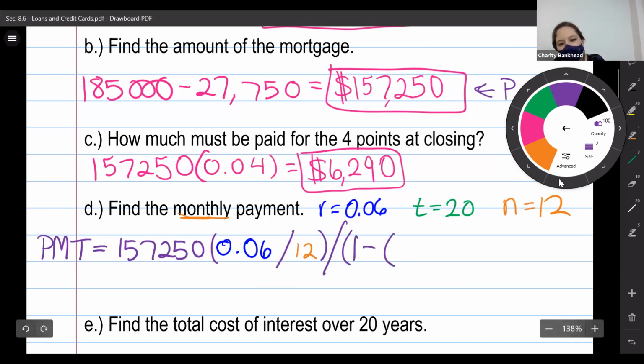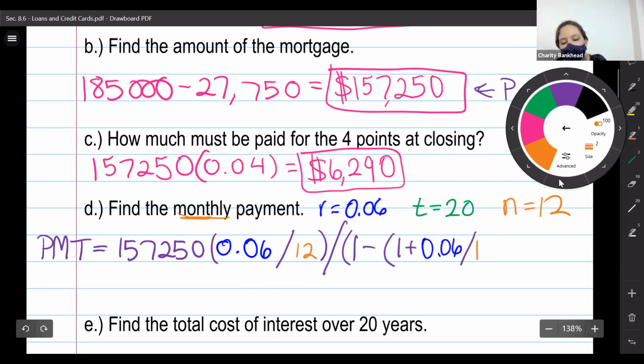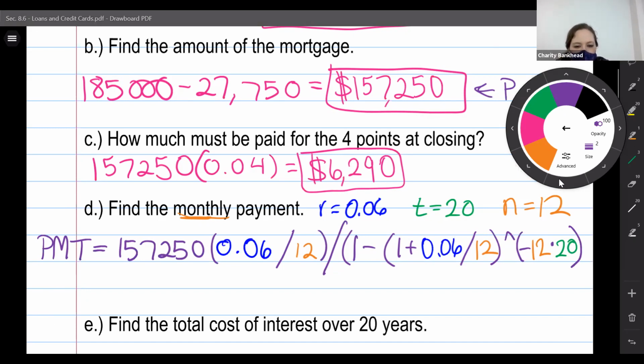One minus parentheses, one plus R over N again. Okay, does that look right? Let's see. Yeah, looks right. All right, so that's exactly how it's gonna look when I type it in my calculator.